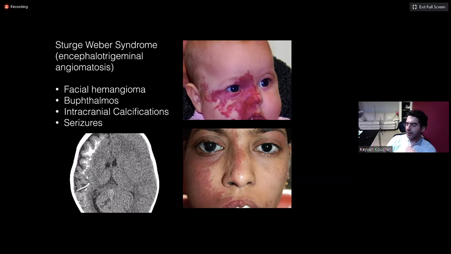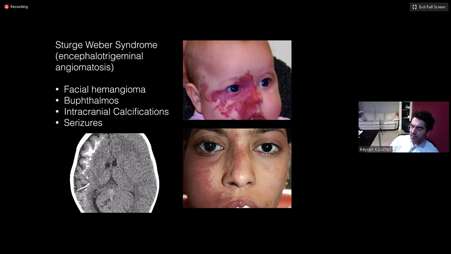And then you have this facial hemangioma. It's kind of enlargement of the vessels underneath the skin. So it's engorged vessels. And when it comes to the eye, obviously that usually means glaucoma. And then you have these calcifications in the brain and seizures. So they get a lot of these vascular abnormalities in the head and brain.